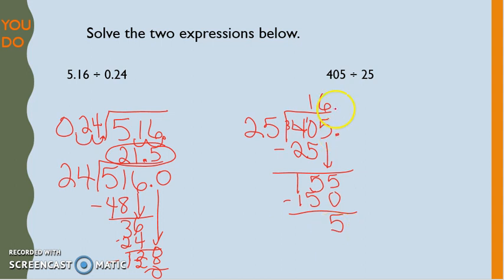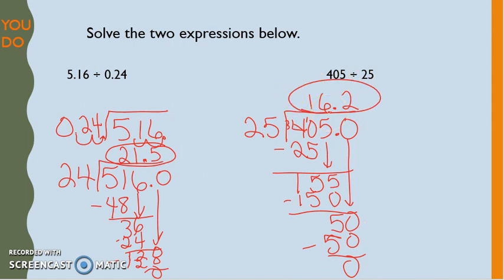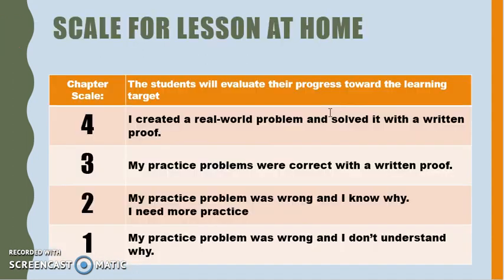And we've gotten to the point where we need to include another decimal and place another 0. Bring it down. And for this division problem, 16.2 would be your quotient.